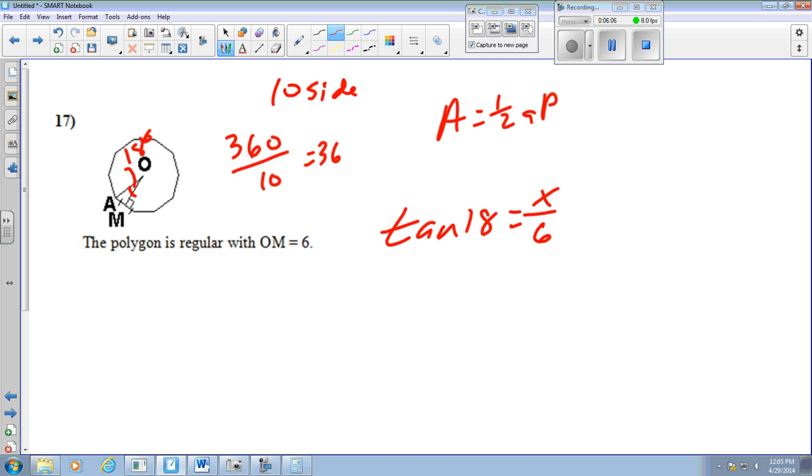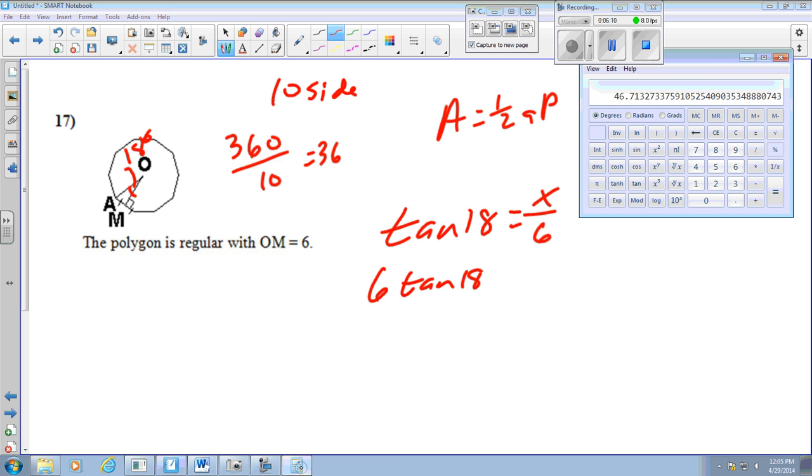So when I solve this, I get 6 times the tangent of 18. So I'm going to go 18 tangent times 6 equals, and I know that this little x in here is 1.94 and so on. Since there's 10 sides, there's going to be 20 of those lengths.